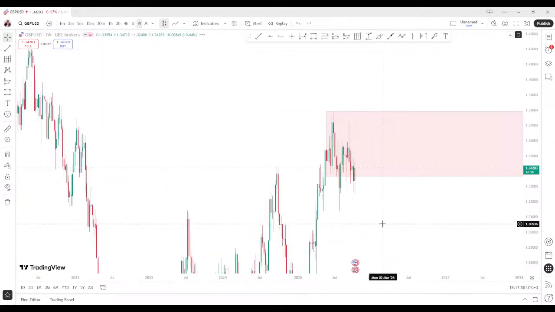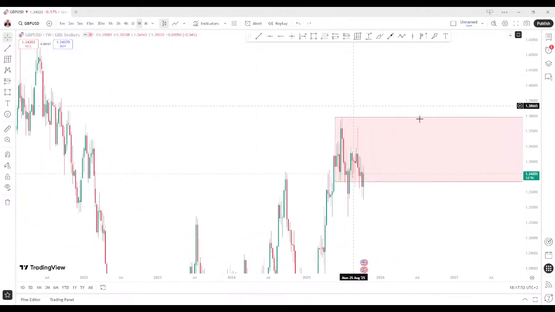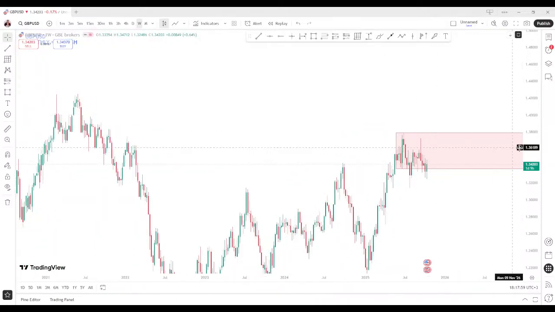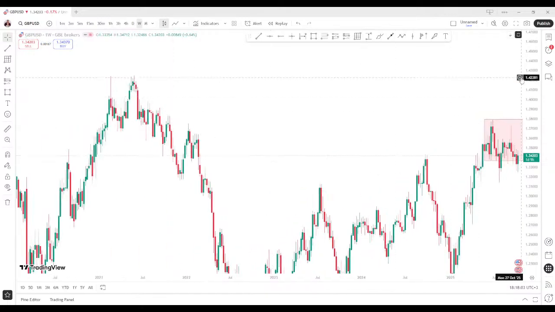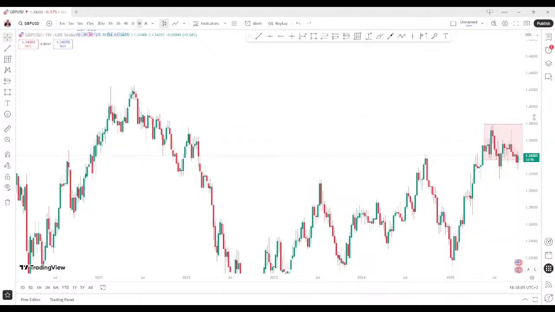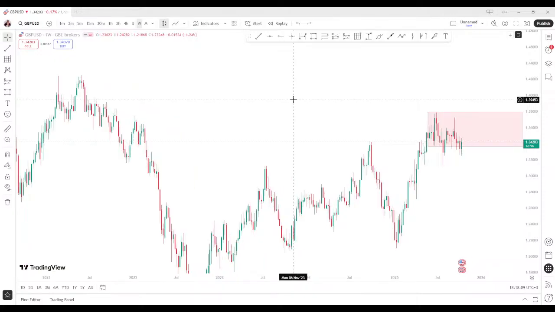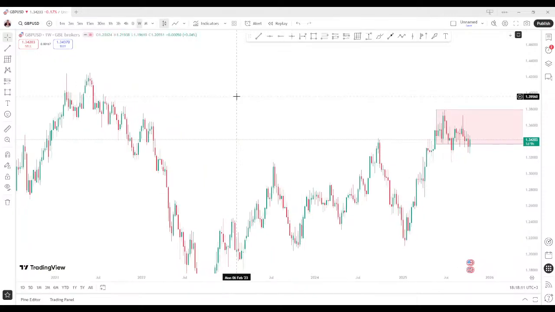But before we go to that, I want you to look at something. This is the weekly time frame now. So the market buys or sells from 2 points.